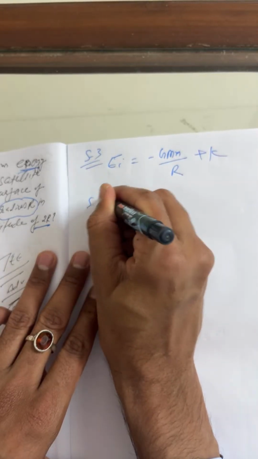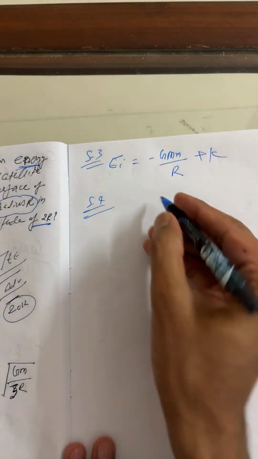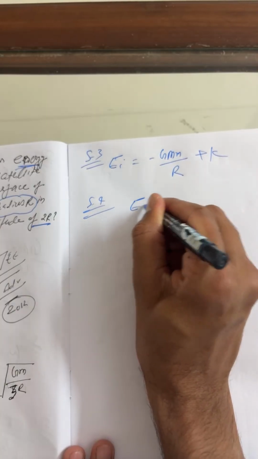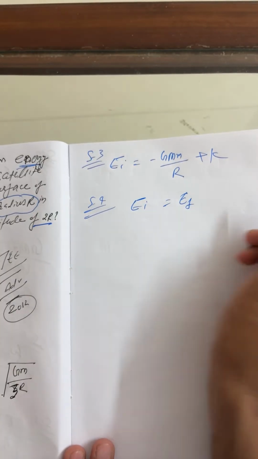So finally, in step 4, just subtract these two. Energy initial is equal to energy final.